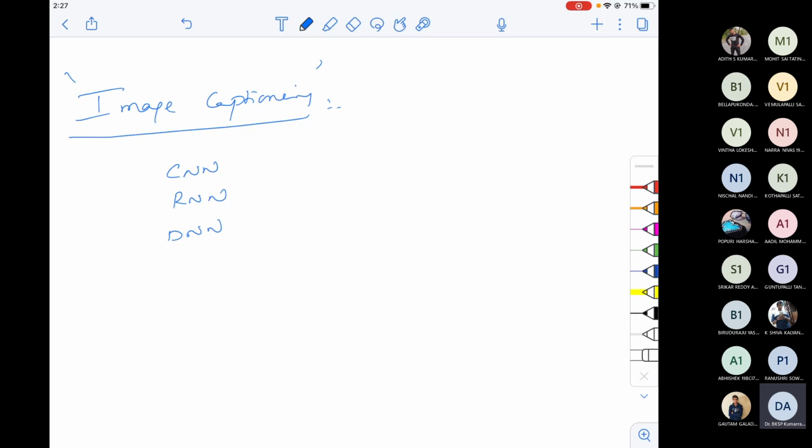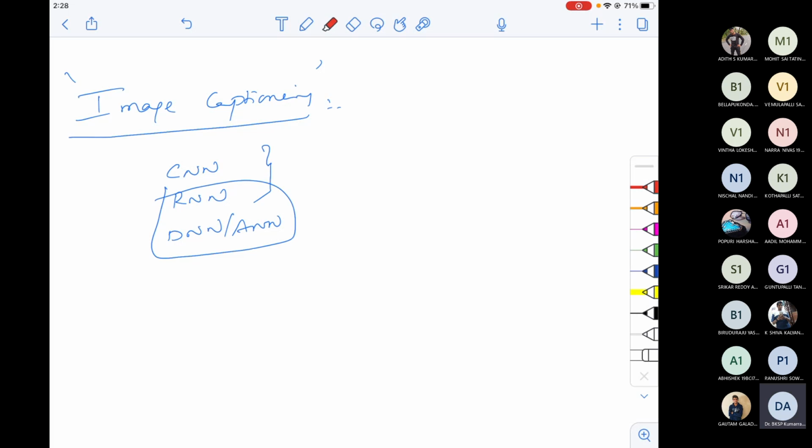The architectures I have told, parts of speech tagging, sentiment analysis, combined RNN with DNN or ANN. Till now we have seen RNN with ANN only, but can I combine CNN plus RNN?